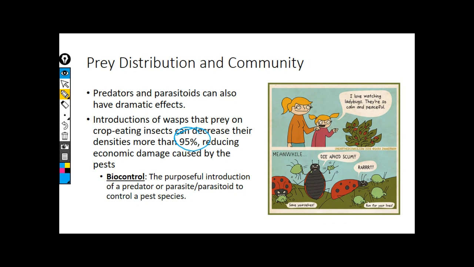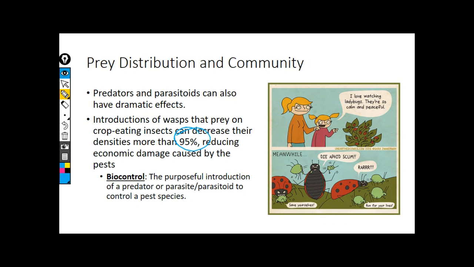And you can imagine why we would do this, right? Because this also then reduces the economic loss to the farmers, to that community, caused by the pests. And this is common, right? Sometimes this is cheaper. It's organic.